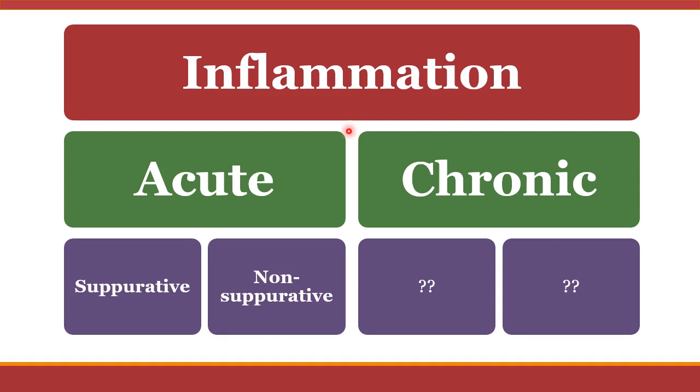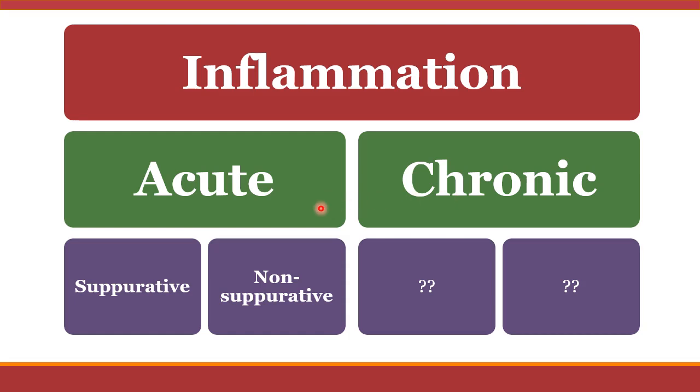And together we agreed that inflammation has 2 main types, acute and chronic. And we listed some differences between both of them in a short list. These differences are mainly the onset. The acute inflammation has rapid onset. Chronic inflammation has gradual onset or start.